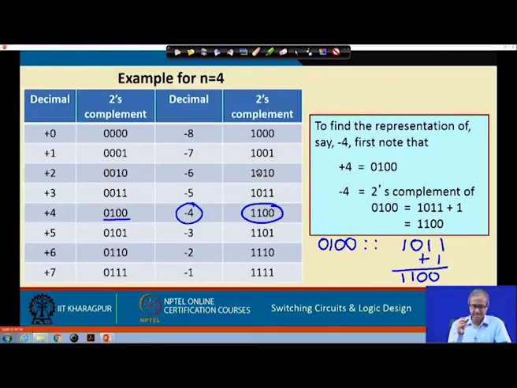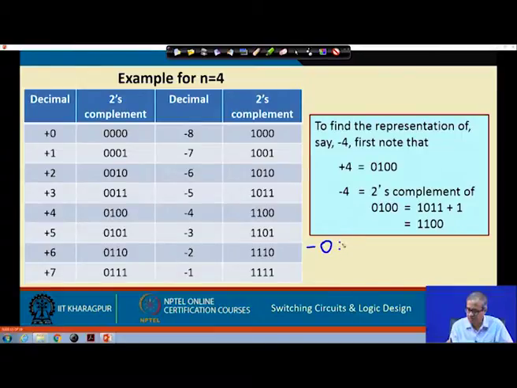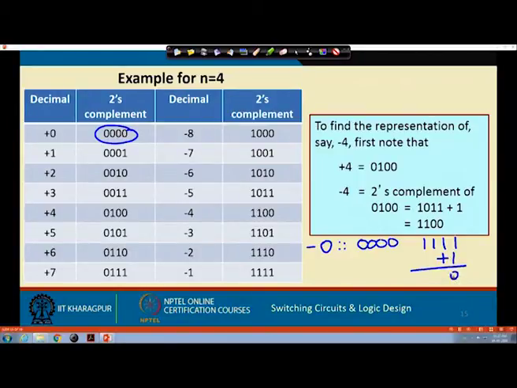Now, another advantage here is, if you just look at the issue of 0, earlier there were two representations. Let us try to compute minus 0. What is minus 0? You take plus 0, you take the 1's complement, add 1 to it. If you add 1 to it, you will see that in 4 bits the result will again become all zeros, which means minus 0 will also have the same representation.